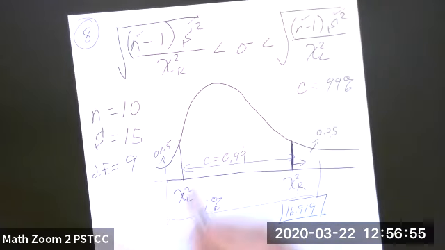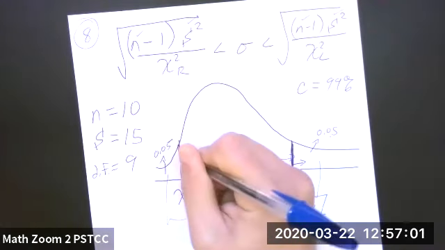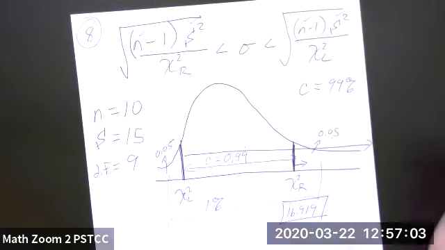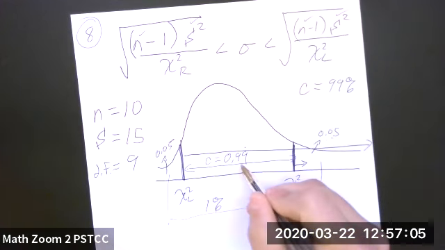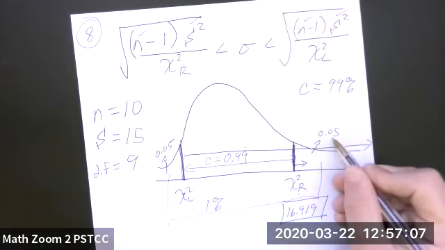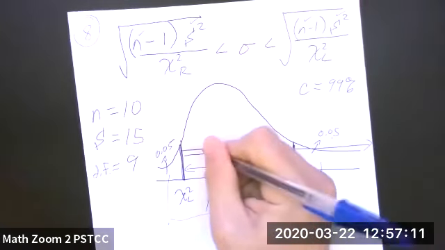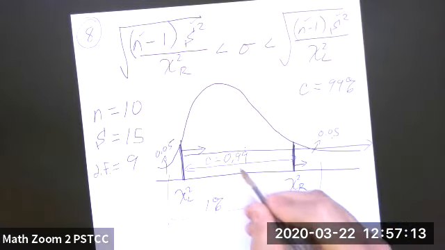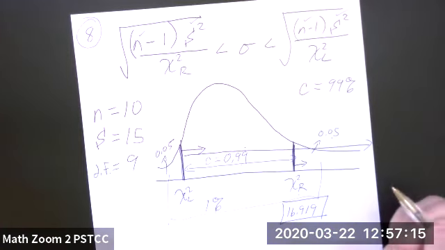Now let's be careful here. If we go to chi-squared left, we need to know the total area to the right, which is going to be the 99% in the center plus the 0.05 over here, which means the area to the right is 0.995.